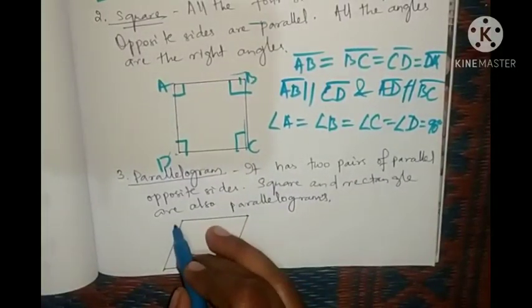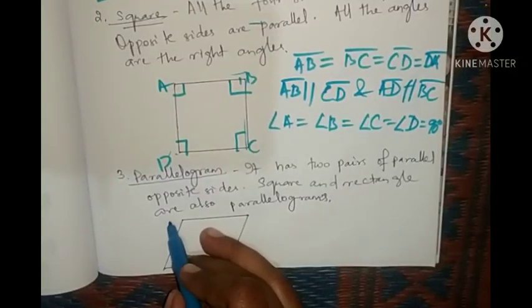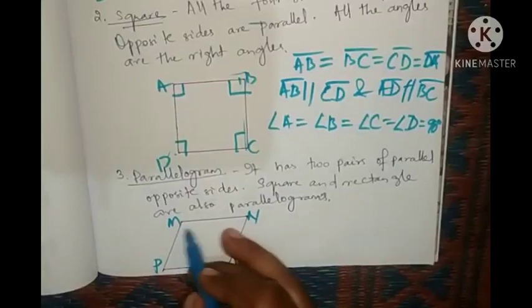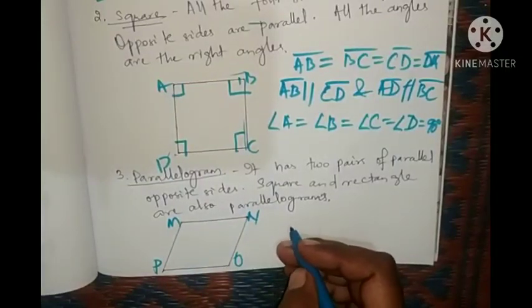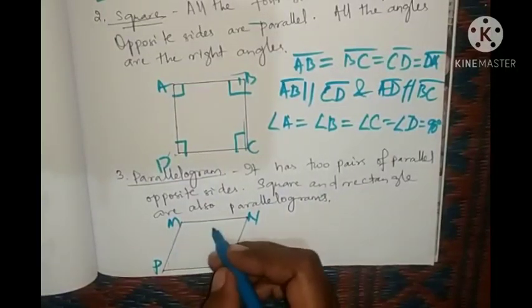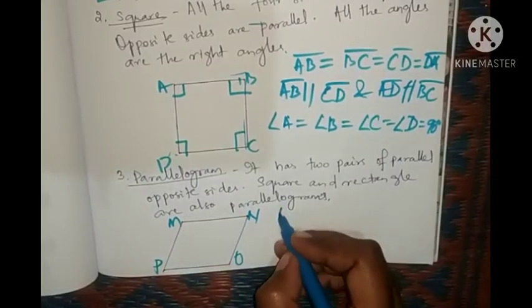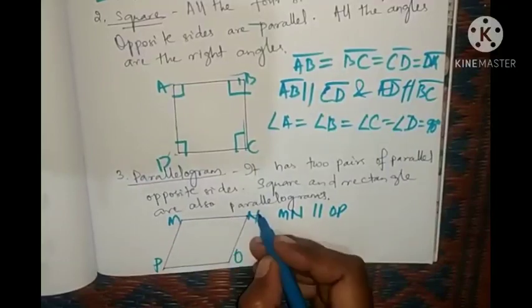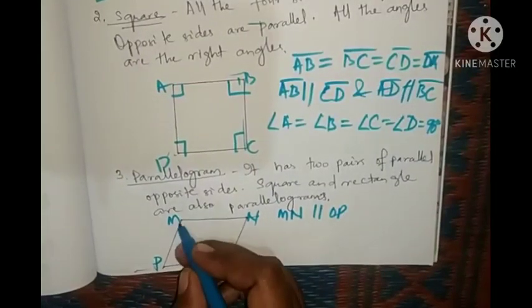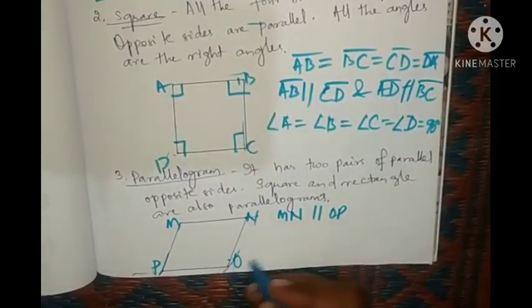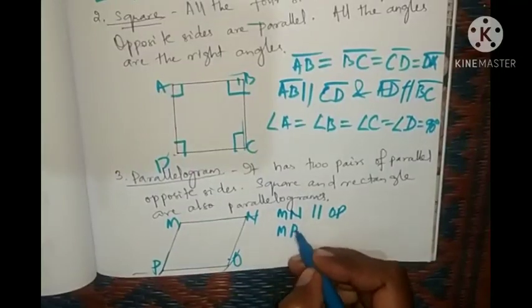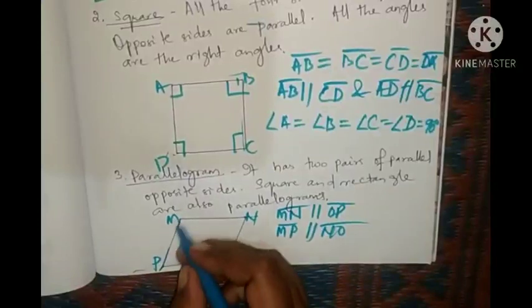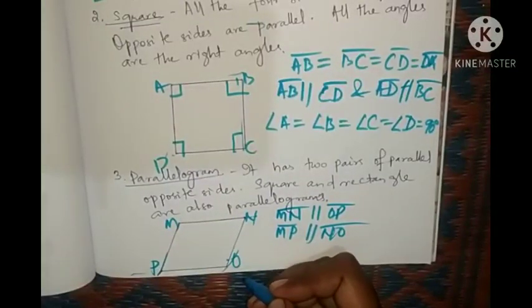If I name it MNOP, this parallelogram MNOP has 2 pairs of parallel opposite sides. So MN is parallel to OP, and MP is parallel to NO.